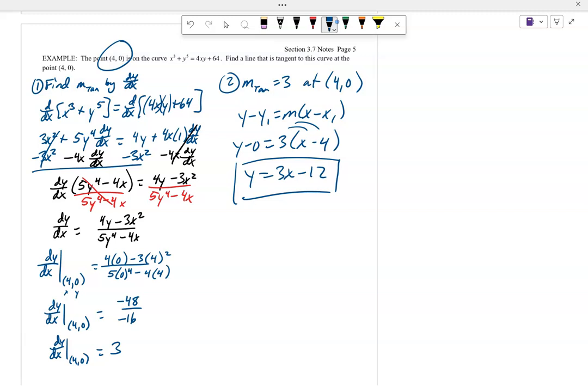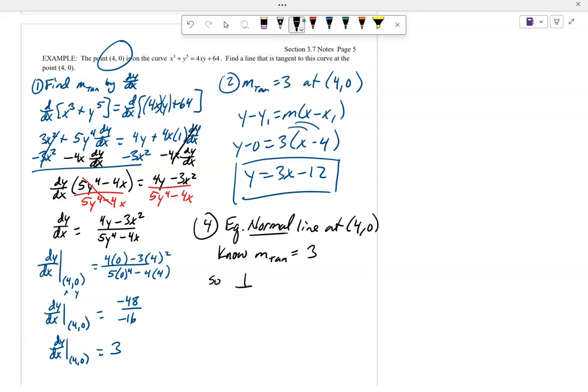And the last thing I said is, you know what, I wanted to add on to this. What's the equation of the normal line at (4, 0), right? Well, I know the slope of the tangent was 3. If it's perpendicular, the perpendicular slope would be, 3 over 1. If you remember back from pre-calculus, it would be the opposite reciprocal.